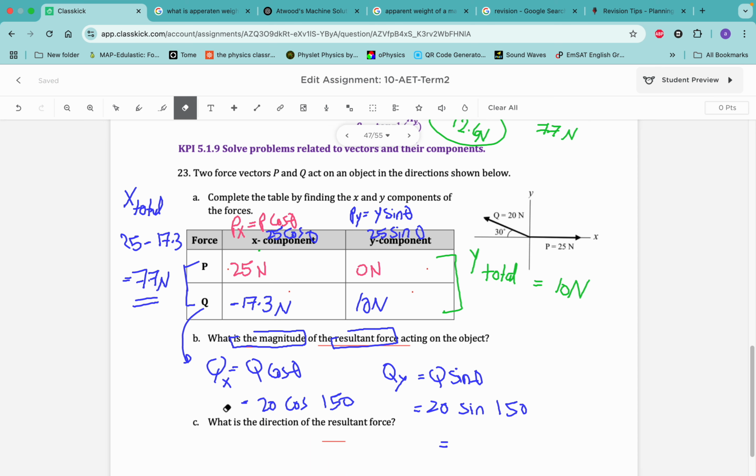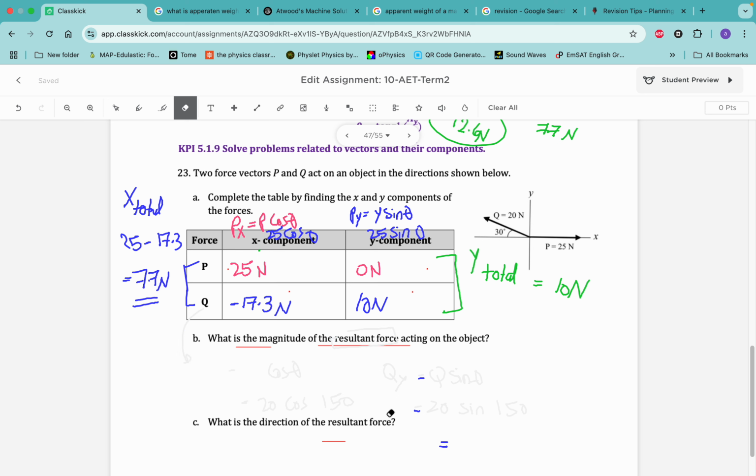Let me just erase this part. Here we calculated the magnitude, which is the resultant of 12.6 Newton.